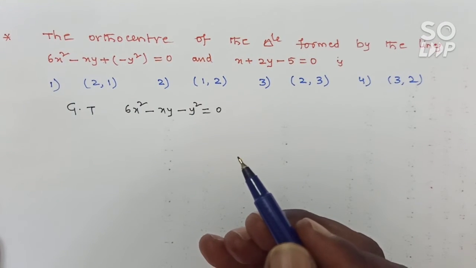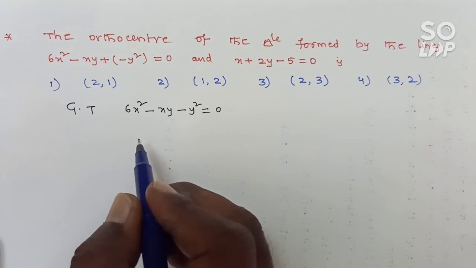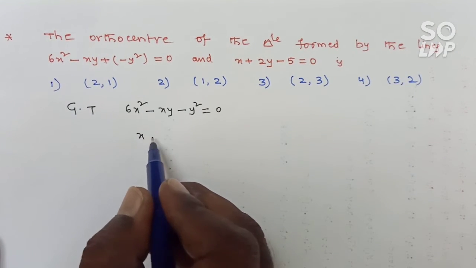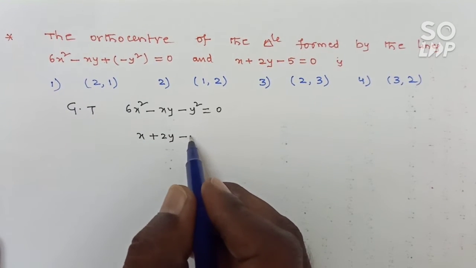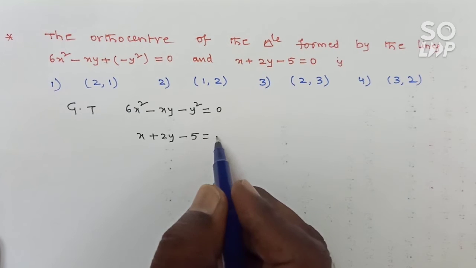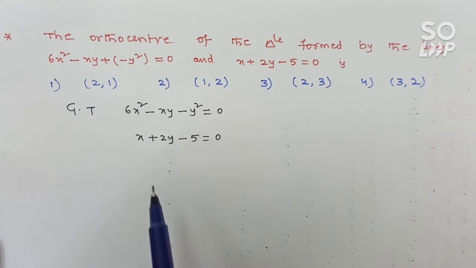This is one equation. And the next one is x + 2y − 5 = 0. Please all of you understand the concept of the orthocenter.